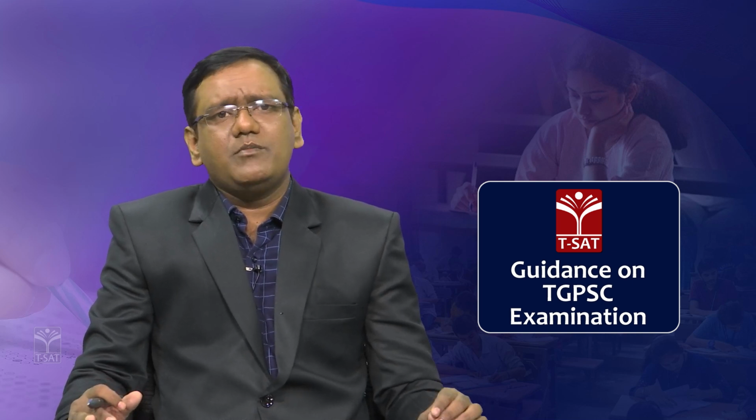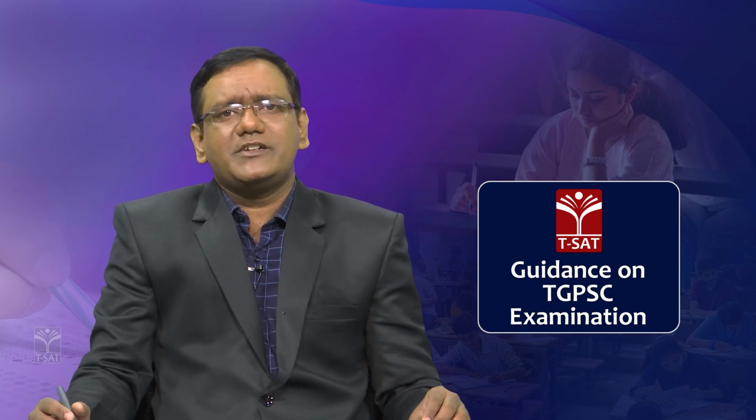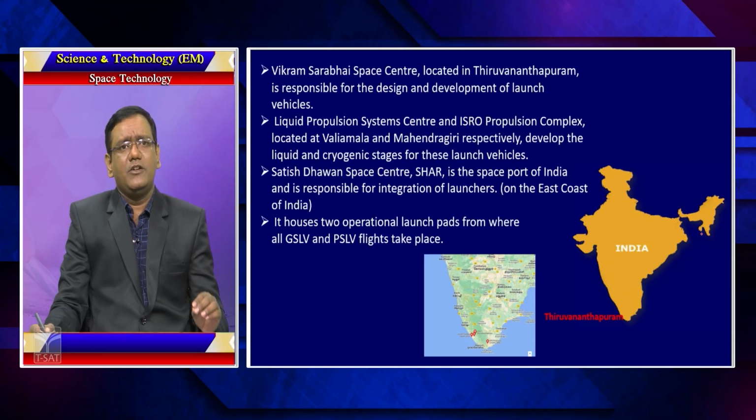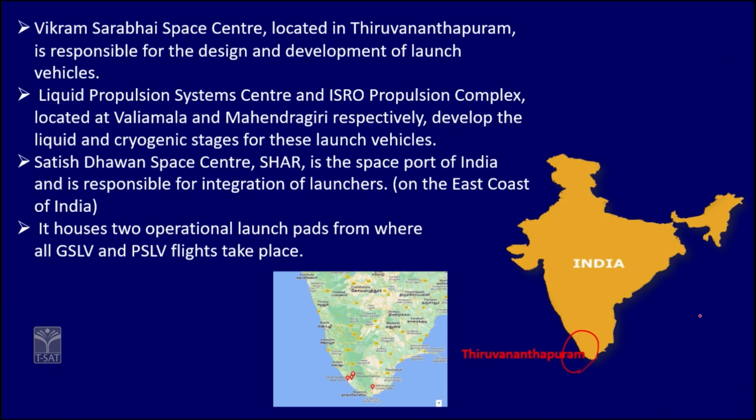The Vikram Sarabhai Space Center located in Thiruvananthapuram is responsible for the design and development of launch vehicles. So the PSLV and GSLV are designed in Vikram Sarabhai Space Center, Thiruvananthapuram. You can see this place here. The Liquid Propulsion Systems Center and ISRO Propulsion Complex are located at Valiamala and Mahendragiri respectively.